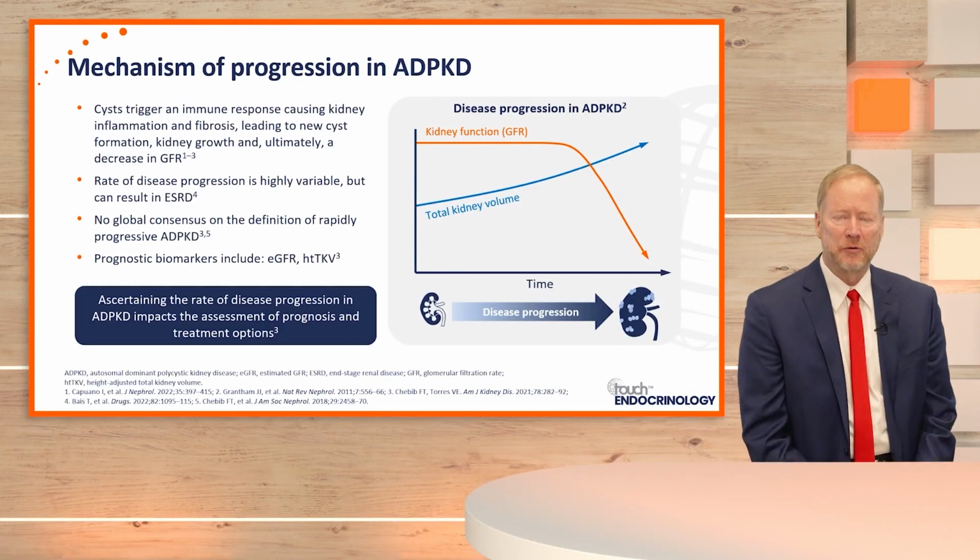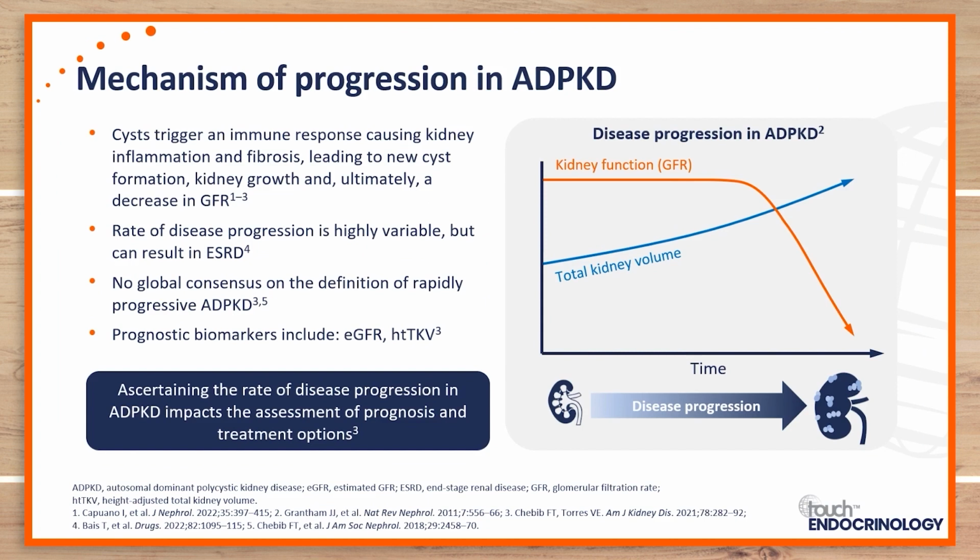The mechanism of progression in ADPKD is that the cysts trigger an immune response causing kidney inflammation and fibrosis, leading to new cyst formation, kidney growth, and ultimately a decrease in GFR. The rate of disease progression is highly variable, but ultimately can result in end-stage renal disease.